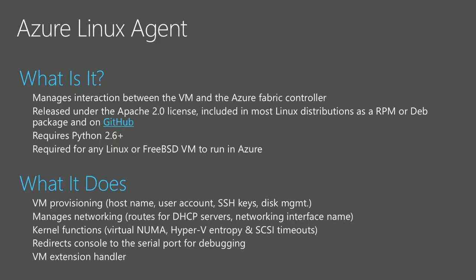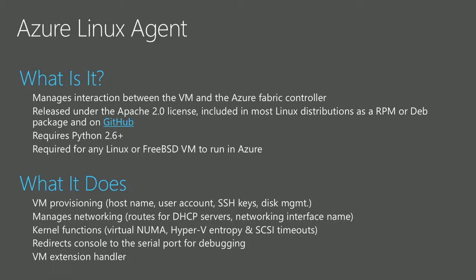And then it also manages the network, making sure the network routes are compatible with our platform DHCP server. It also ensures the stability of the network interface names on the VMs. It also does some kernel configuration, for example the virtual NUMA, and some of the SCSI timeouts needed for root devices.